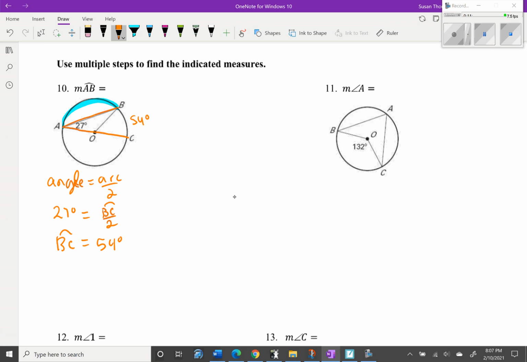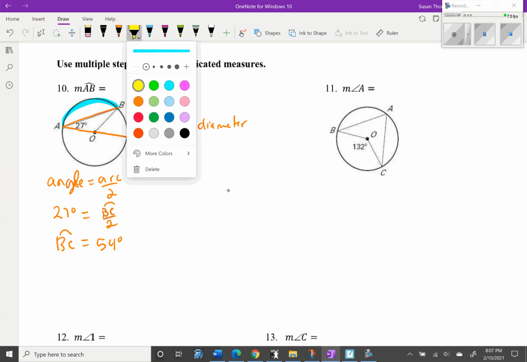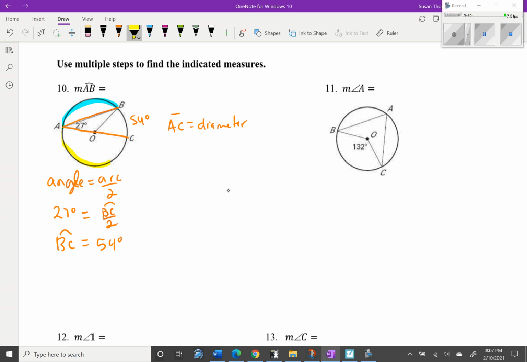I also know that the central angle BOC is also 54 degrees, but we're not trying to find that, so it's not necessary. We want to find what AB is. Something we do know is that AC is a diameter, so that arc is 180 degrees.